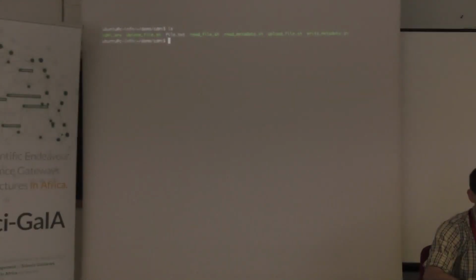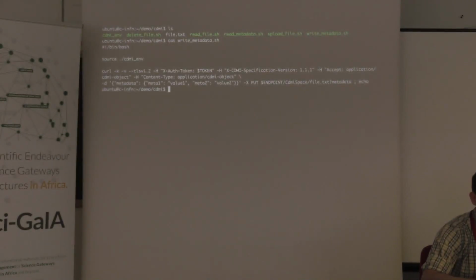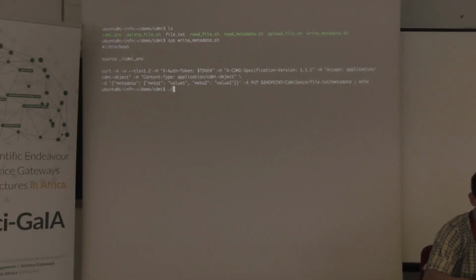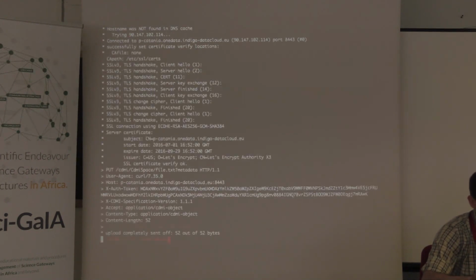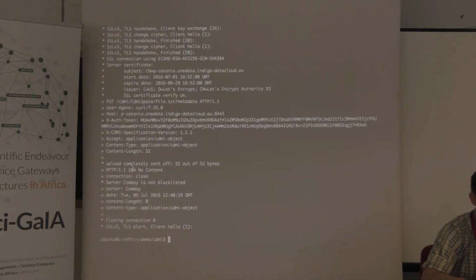So now we will write some metadata, some extended attributes, to the file. It's again a request with some CDMI specific headers. Let's go ahead and do that. Right, again, we got a positive result, and we can fetch the extended attribute using a different request, which simply asks for them.